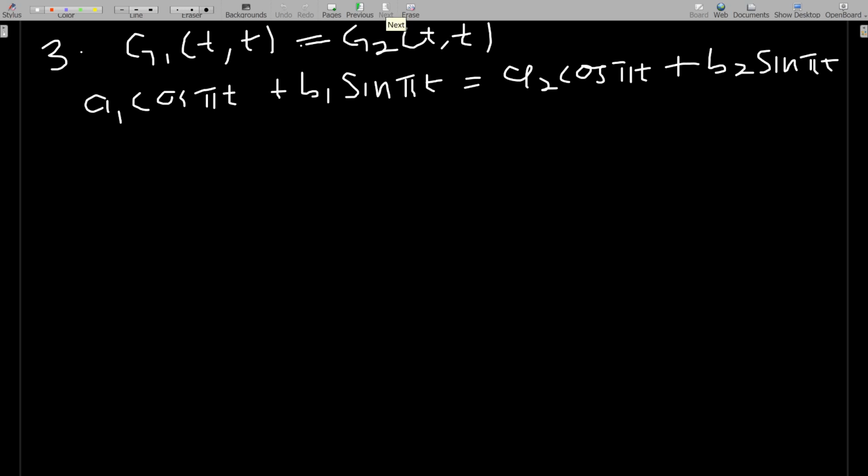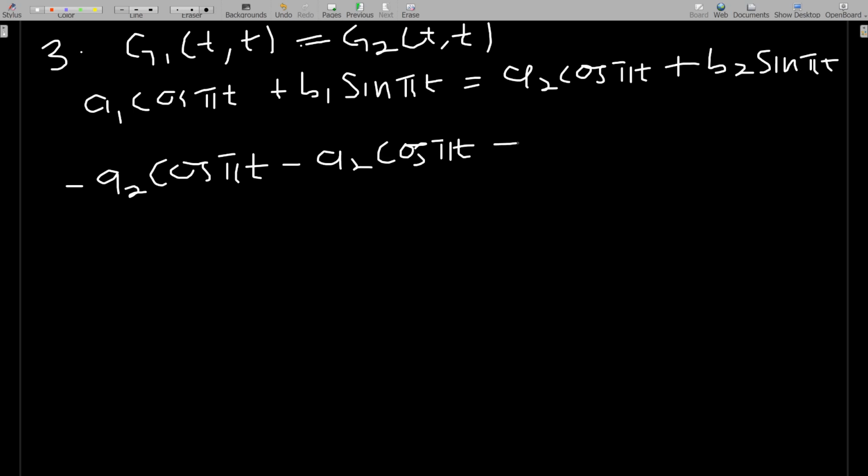A1 is minus a2, so I have minus a2 cos pi t. Now I have another cos pi t here, so I just bring it here and I get minus a2 again cos pi t, okay. Then b1 is also minus b2, so I have minus b2 sine pi t.